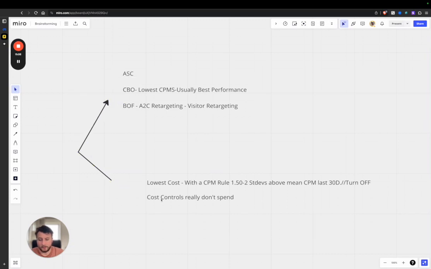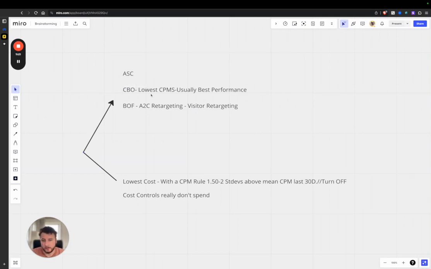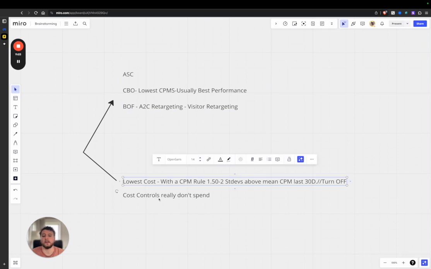So in terms of setup for the brand during kind of rough times on Meta, the main standard operating procedure that most brands should be following, and the successful ones typically do, is usually leaning CBO, leaning with a more generous cost control if that's what they normally run, leaning with lowest cost with a CPM rule if that's what you normally run, and actually going ahead and relaunching your key kind of evergreen campaigns, okay?